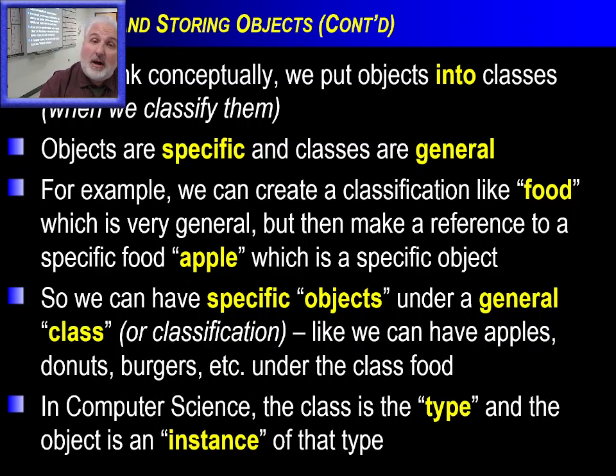It's a specific object of type food. So we can have specific objects under a general class or classification. So we can have apples and donuts and burgers under the class food. So in computer science, the class is the type and the object is the instance of that type.